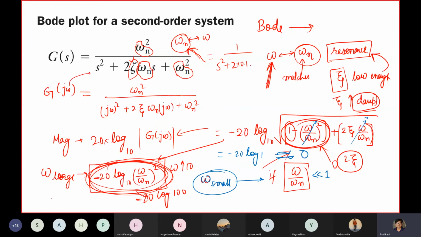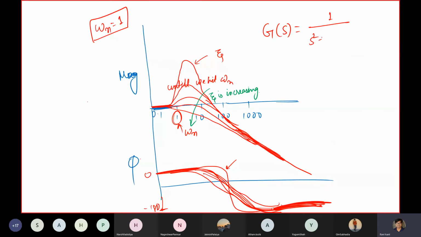Omega n is 1, so 2 zeta omega n s is 0.2 s, so this comes out to be 1 upon s square plus 0.2 s plus 1. Let's try to plot the Bode plot of this particular system. This would be a springy system, it will have some sort of jump.